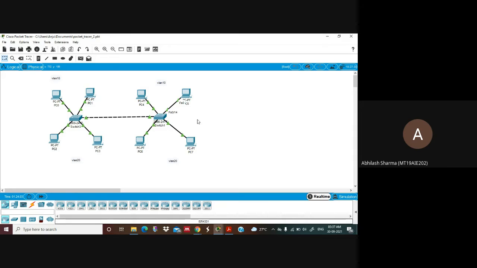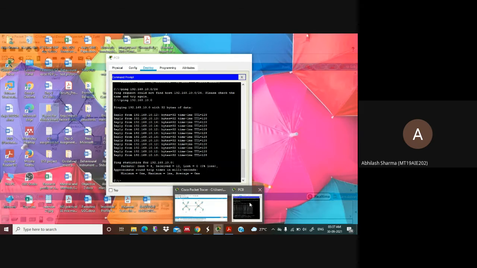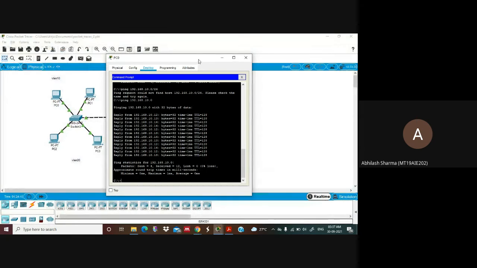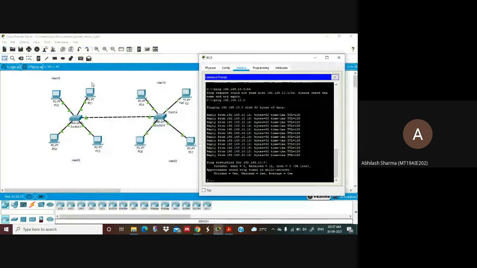So any communication that happens from this virtual local area network to another virtual local area network will be trunking, and we can do that by pinging. If we want to ping all these PCs, PC 1, 4, 5, which are on VLAN 10, what we do is ping the broadcast address, 10.0.